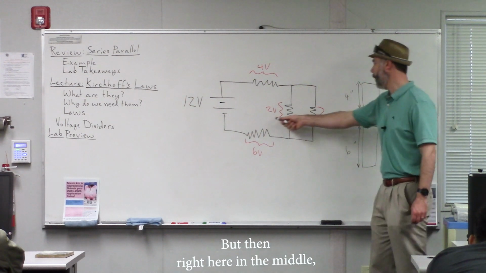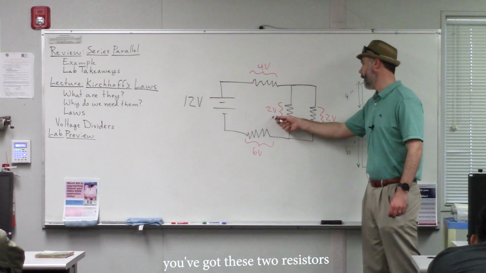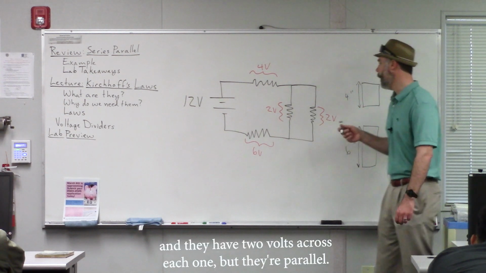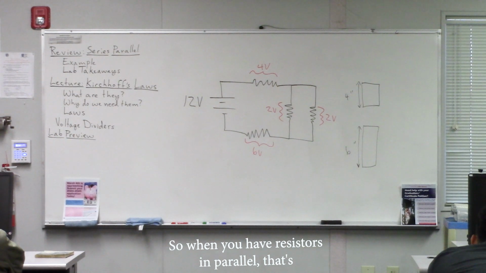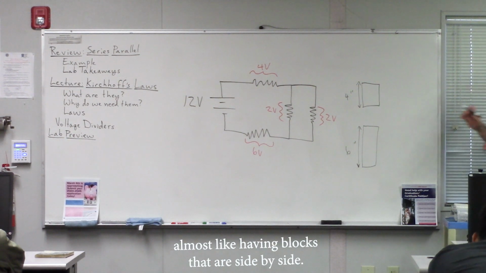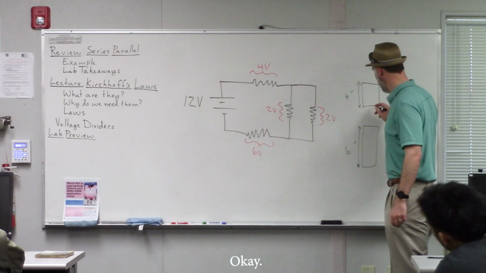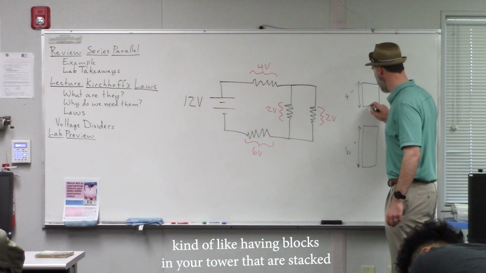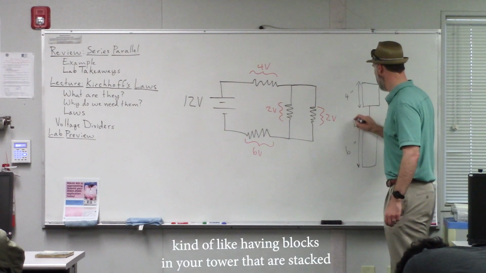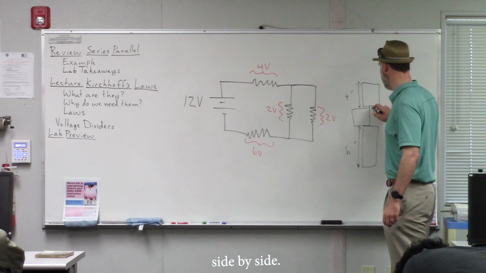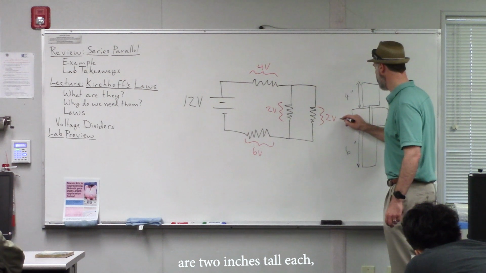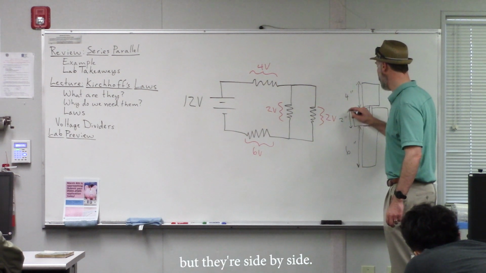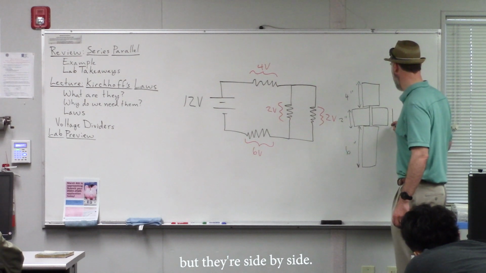But then right here in the middle, you've got these 2 resistors, and they have 2 volts across each one, but they're in parallel. So when you have resistors in parallel, that's almost like having blocks that are side by side. Okay? So that's kind of like having blocks in your tower that are stacked side by side. So these blocks in the middle are 2 inches tall each, but they're side by side.